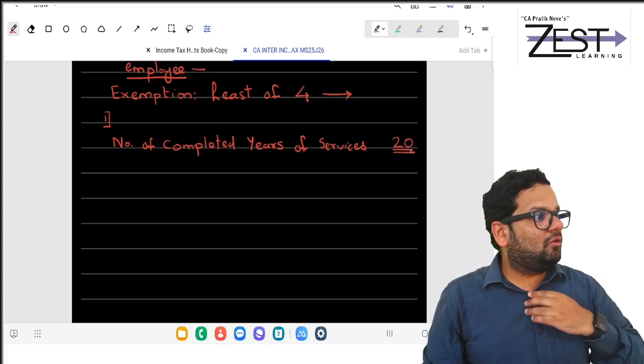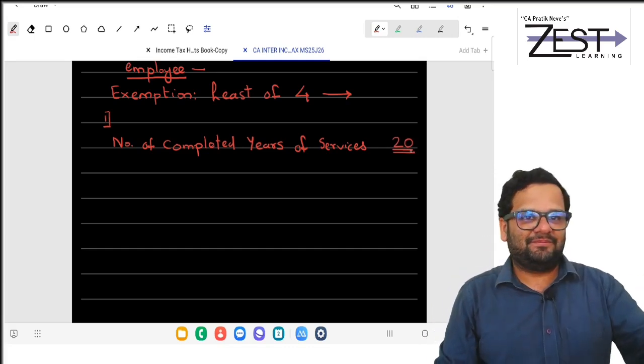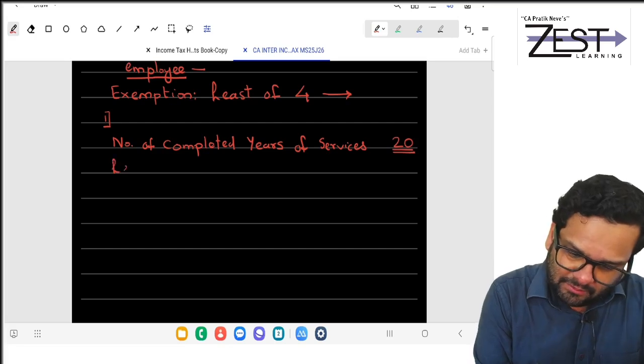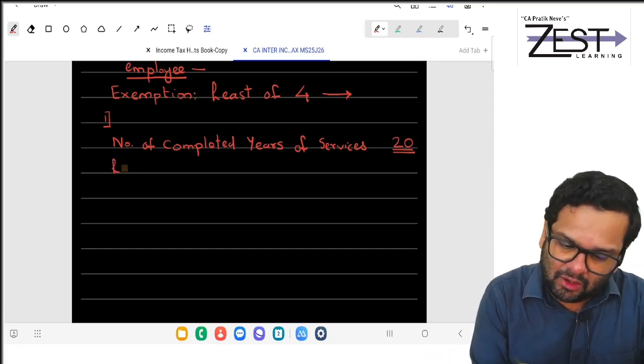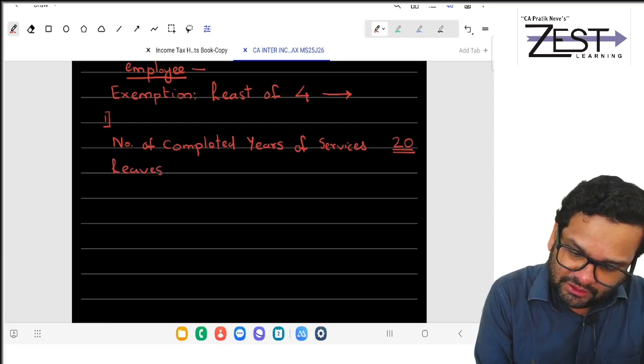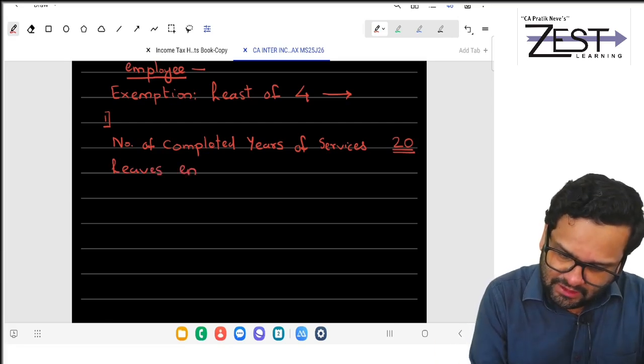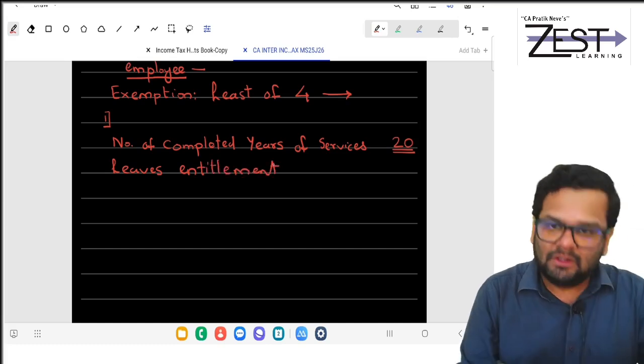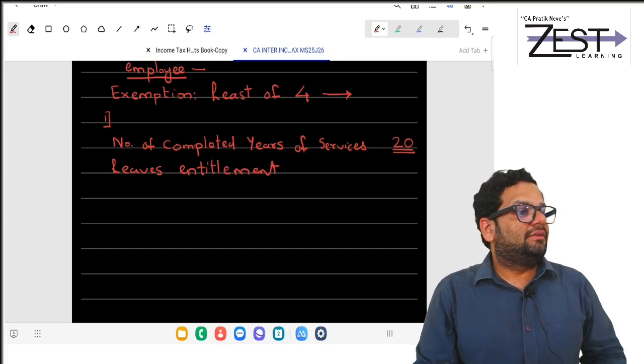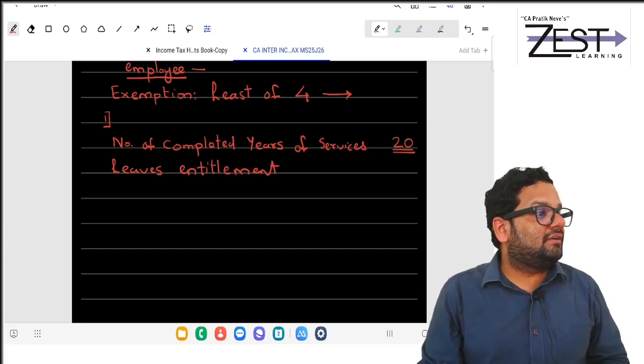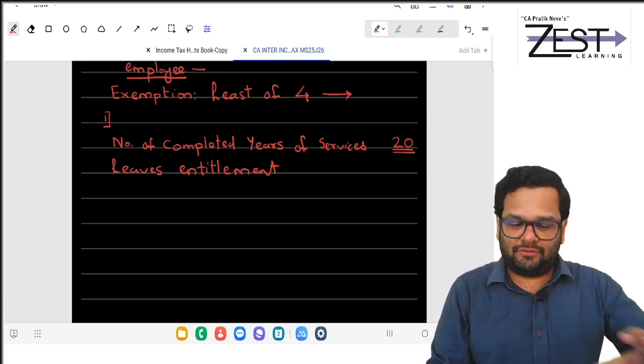Now I will check what is leave entitlement. Leave entitlement means how many days he was allowed to take leave during these 20 years. It is given in the question that each year he was entitled to 30 days leave.